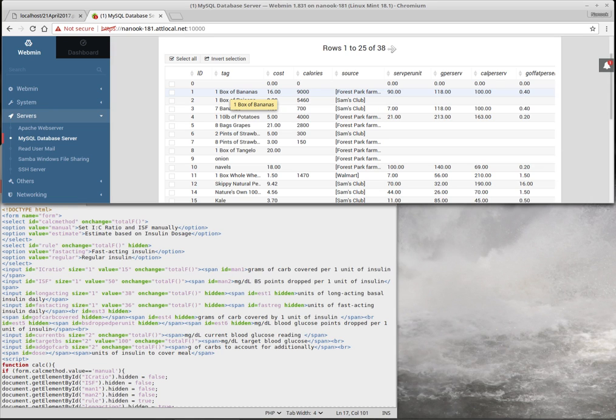So if you buy a bunch of bananas or a box of cereal, the box of cereal has a cost.